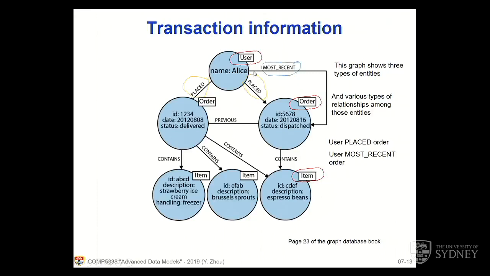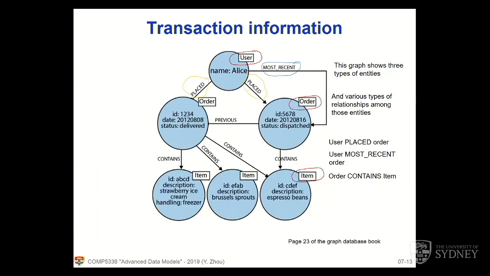If you're doing an object design or class design, this will suggest that in the user class, you probably need a variable to remember all the orders the user has placed, and you need another variable to remember the most recent one.